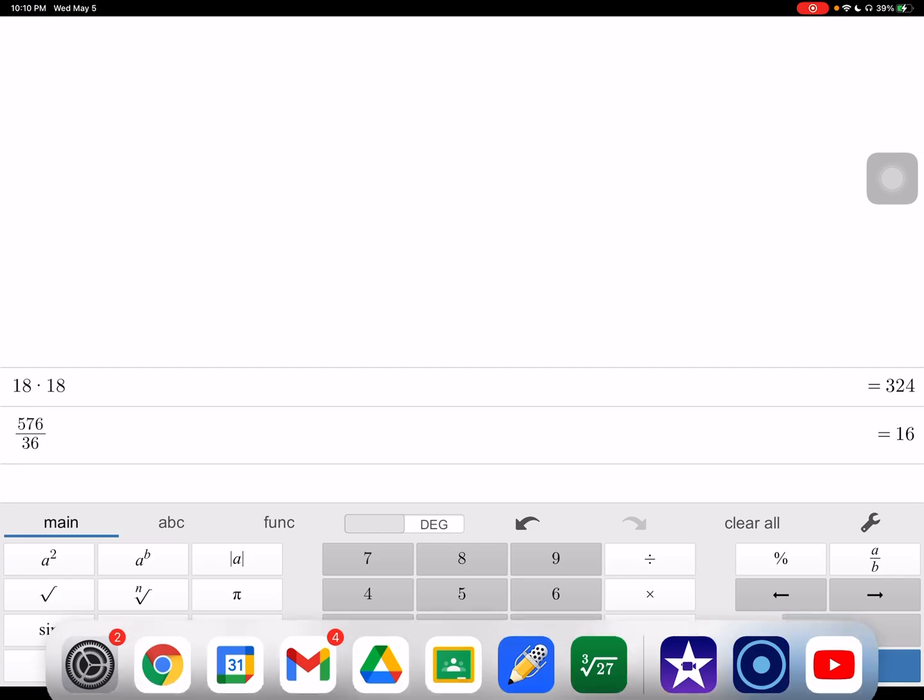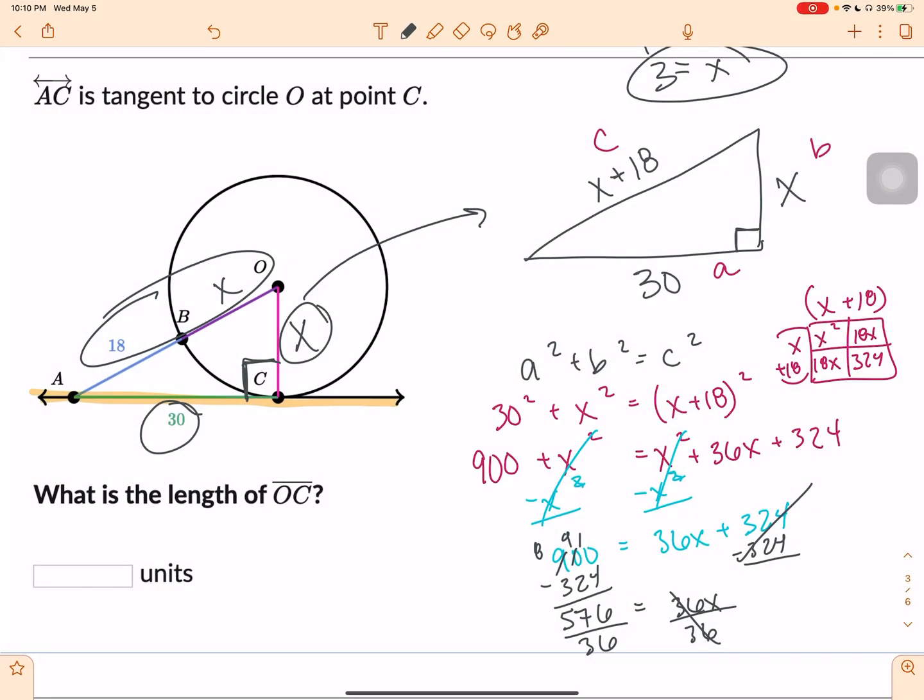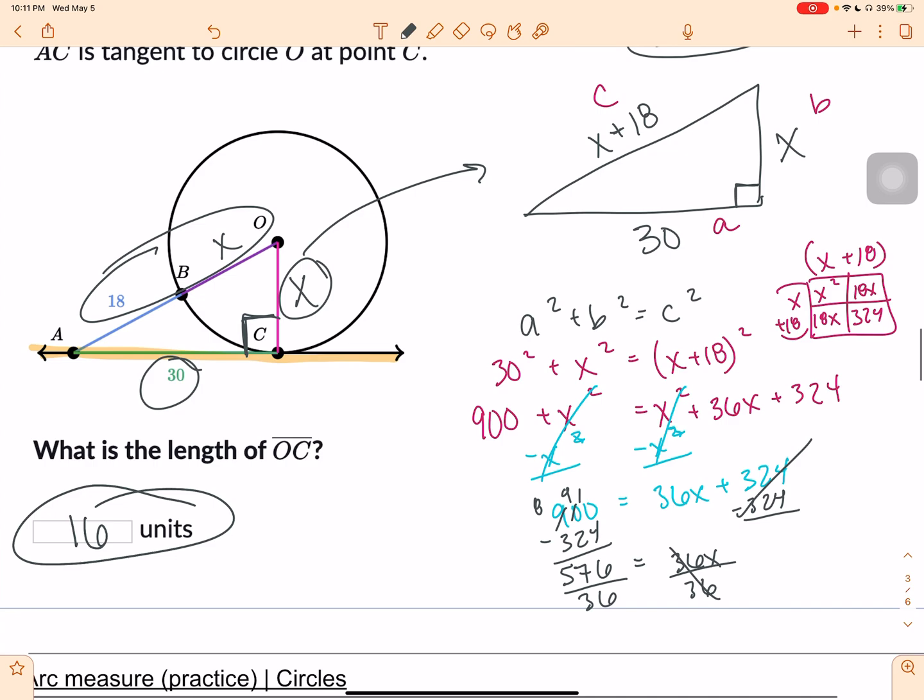Okay, so you should get x equals 16 because that would be the length of OC here. So the radius of the circle is 16 units. Right, so those were challenge problems, and that's what you were expected to do in that article. Also, take a look at how they solve them. I'm interested to see if anything's different or if they're the same. So take a look at their solutions as well.